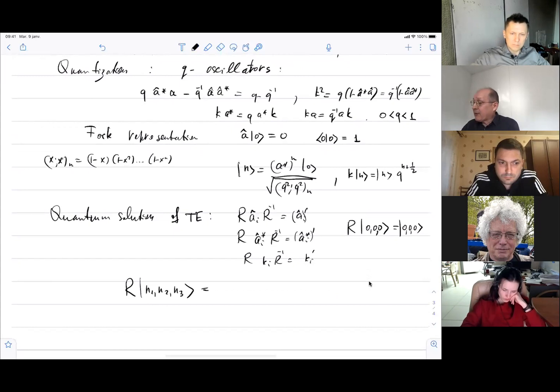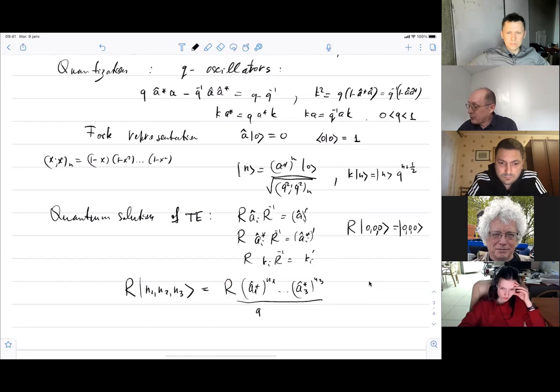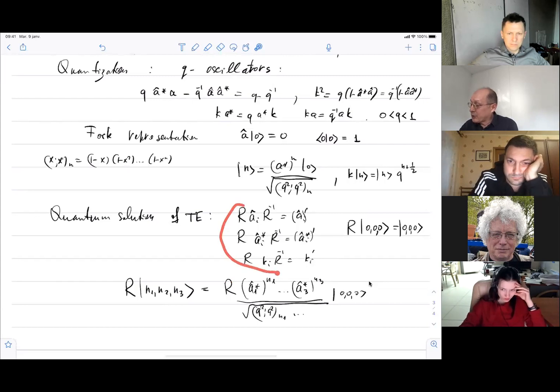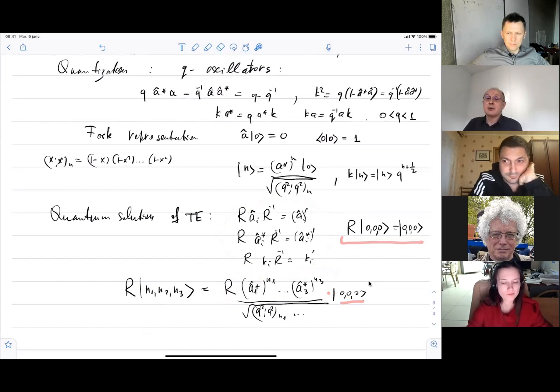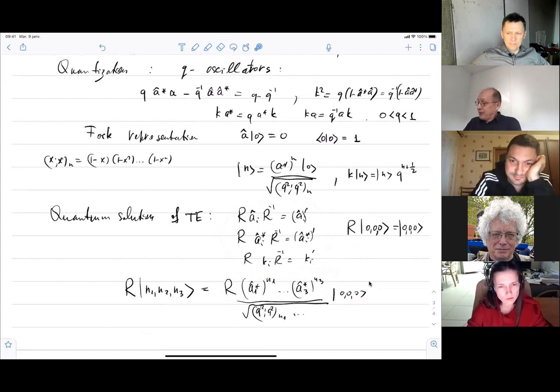Given the fact that they are obtained by acting with creation operators, we have R acting on A1 star hat to the n1, A3 hat to the n3, divided by the square root of Q squared n1, etc. Now you can use these conjugation formulas to pull this R to the right, put primes on this side, and then use the last equation to absorb R by the invariance of the vacuum.